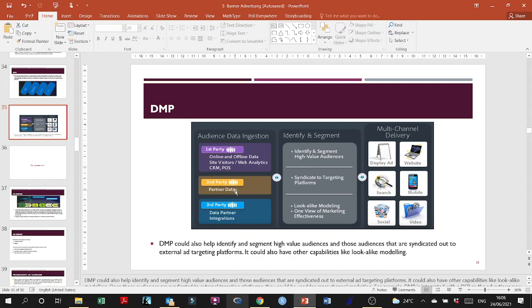But the CRM data and point of sale, POS means point of sale, and point of sale is basically the cashier data, like the automation data. All this kind of data, guys, is considered first party. But if you have partner data, for example, we have Mitsubishi company. This Mitsubishi holding company has Mitsubishi Bank, Mitsubishi Insurance, Mitsubishi Investment, Mitsubishi Heavy Industry, Mitsubishi Energy, Mitsubishi Space, and so on.